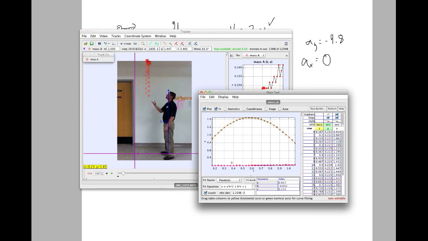Nope, still not that easy. So your x position stays linear. That is because there is no acceleration in the x direction. In other words, your x has constant velocity, whereas your y changes.